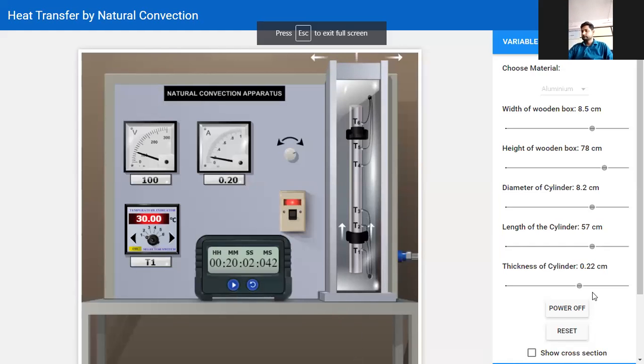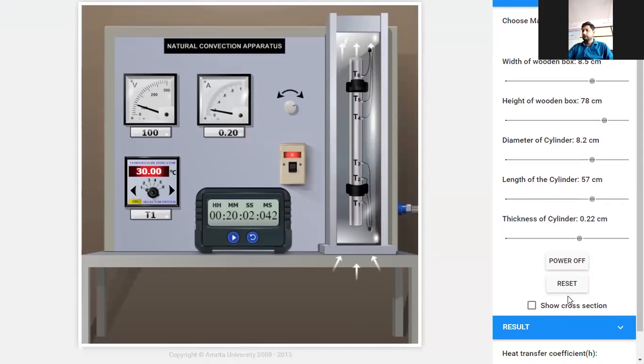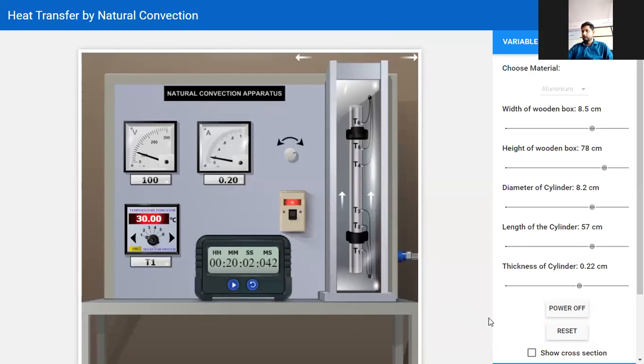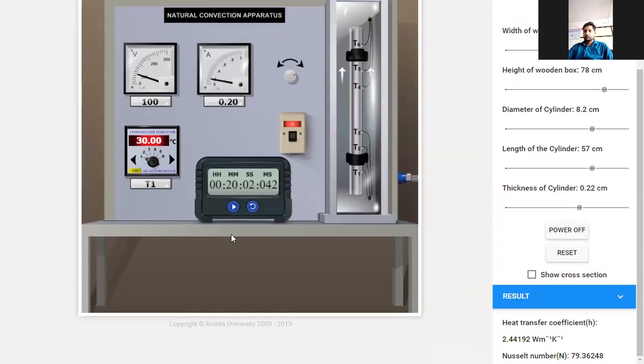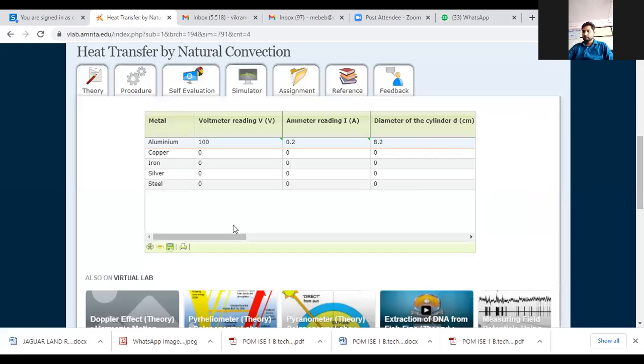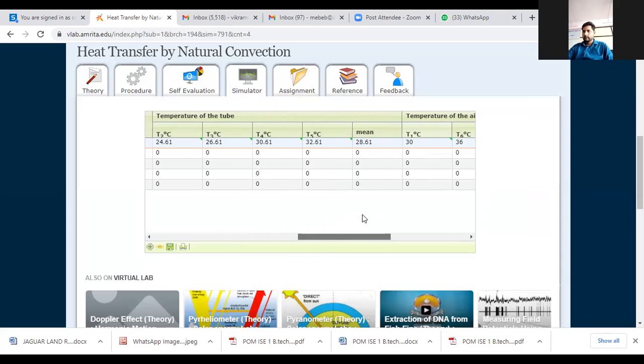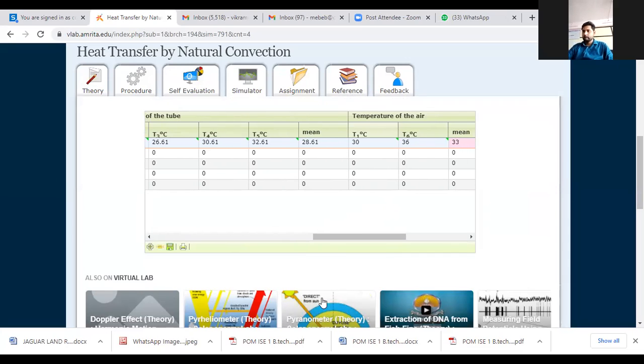Now I will not change many things. Is there anything wrong? Okay, T1.